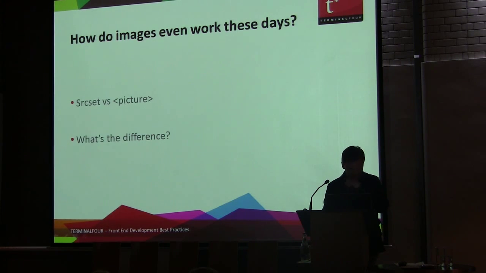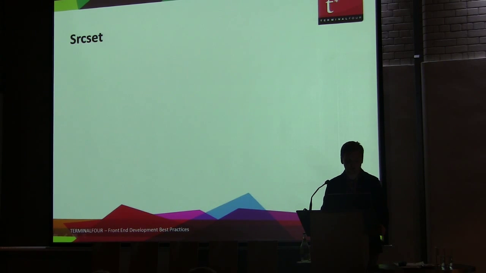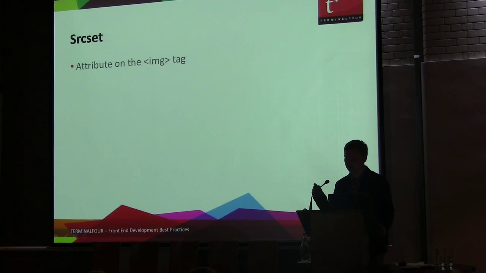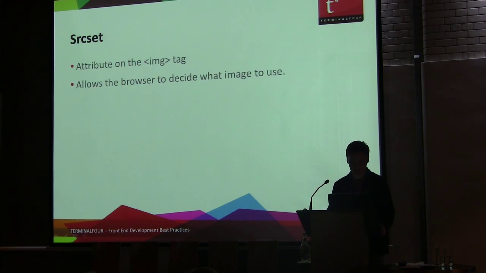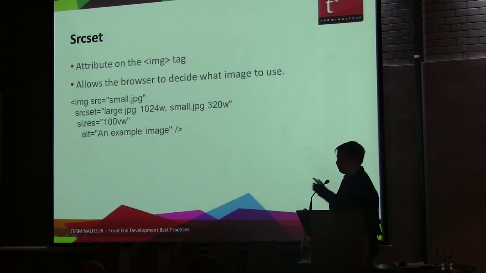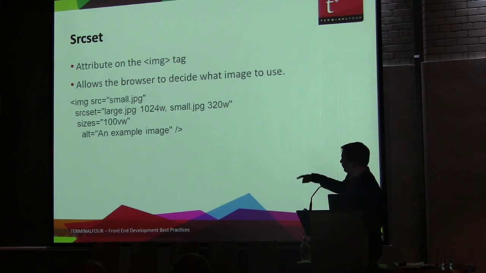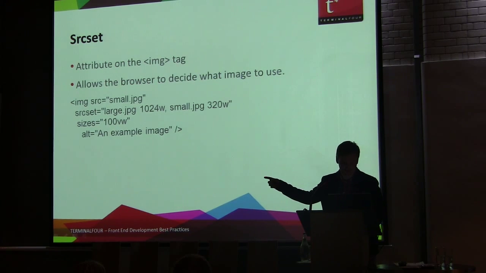So I'm going to talk about source set versus picture and what the difference is. Source set is an attribute on the old image tag, and what it does is it allows you to let the browser decide what image to use. Here's an example of an image tag using source set. Like before, I have source and I've given it a source file.